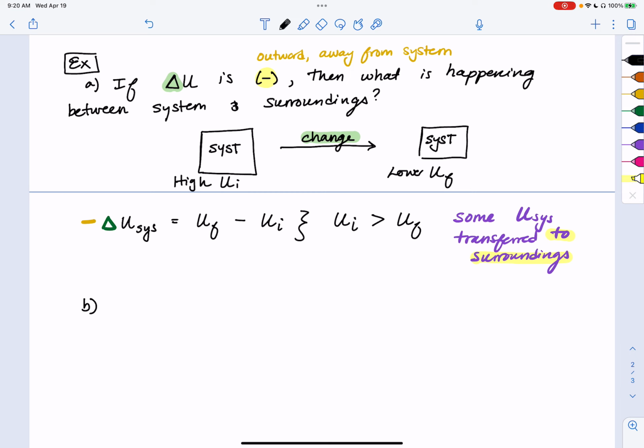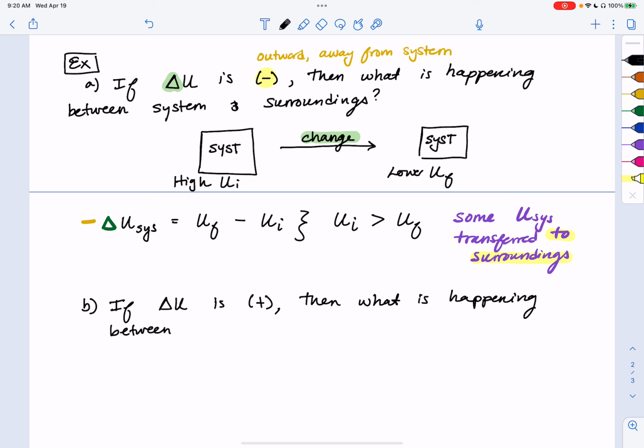Okay, let's look at the inverse. So what if the change in the total internal energy of our system is positive? Then what is happening between our system and our surroundings?